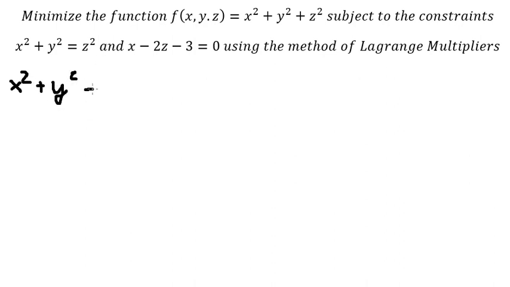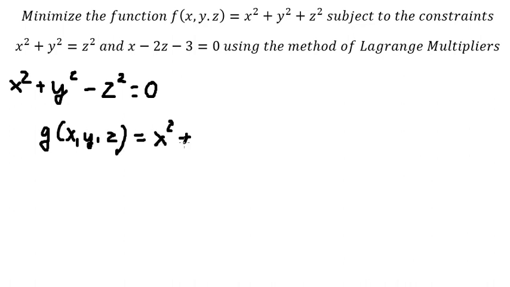We have negative z². Now I will put this one that is about x - 2z. And the second one that is about h.